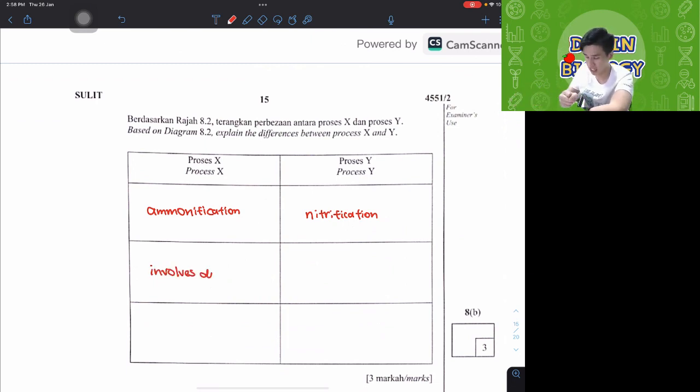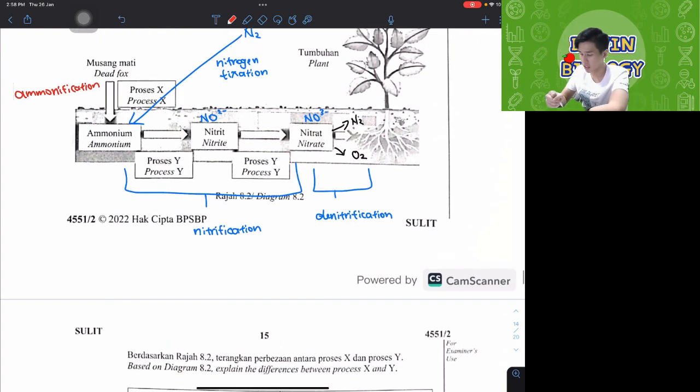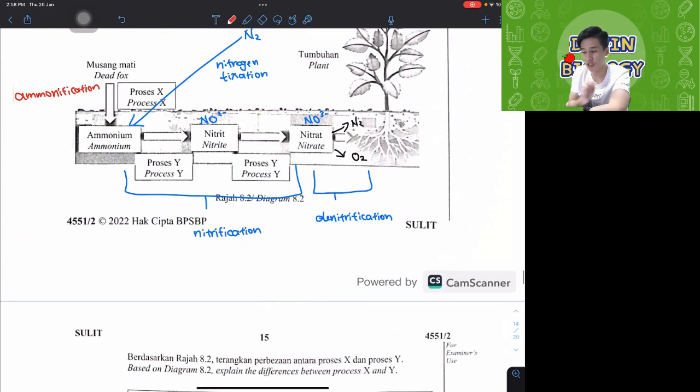So this one involves decomposer bacteria. Yeah, decomposers can already. This one involves nitrifying bacteria.